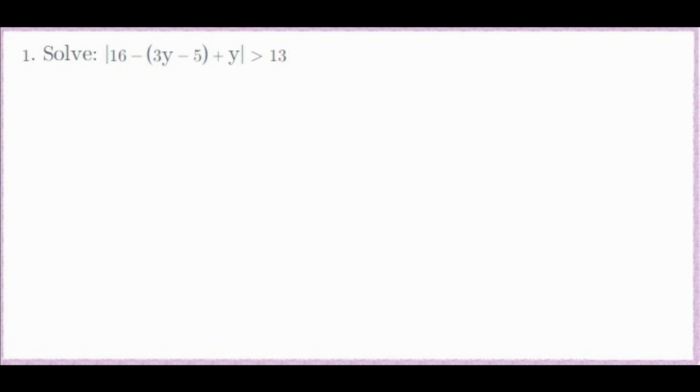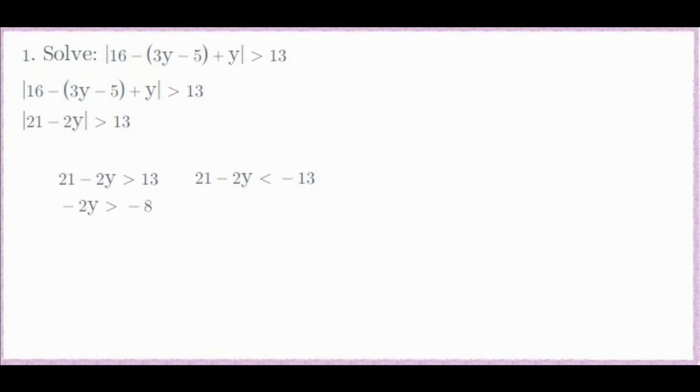For this example, we need to simplify what's on the inside of the absolute value first. So we'll get the absolute value of 21 minus 2y is greater than 13. So since we have greater than, we're splitting it into two pieces. So we have 21 minus 2y is greater than 13, and 21 minus 2y is less than negative 13.